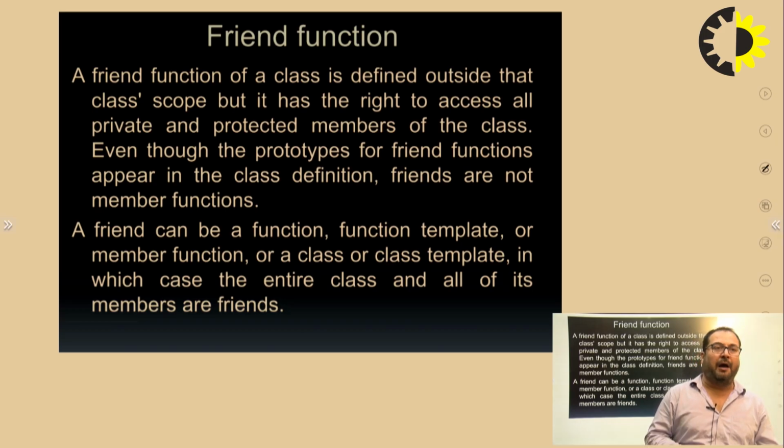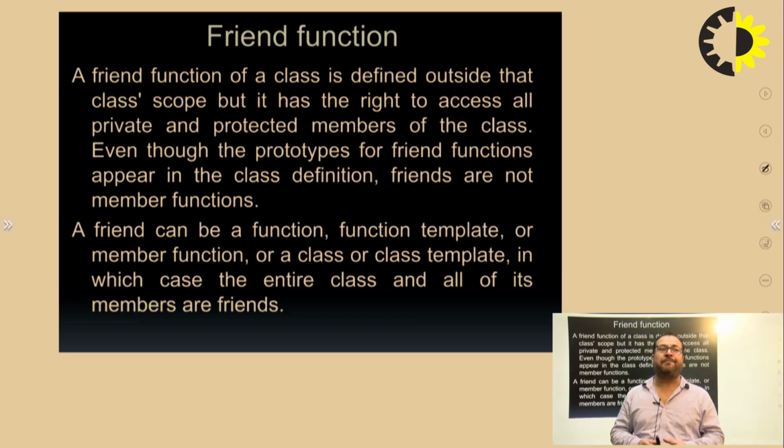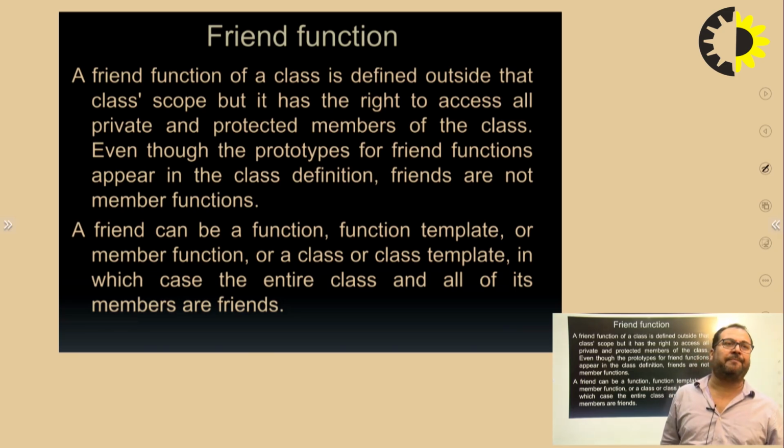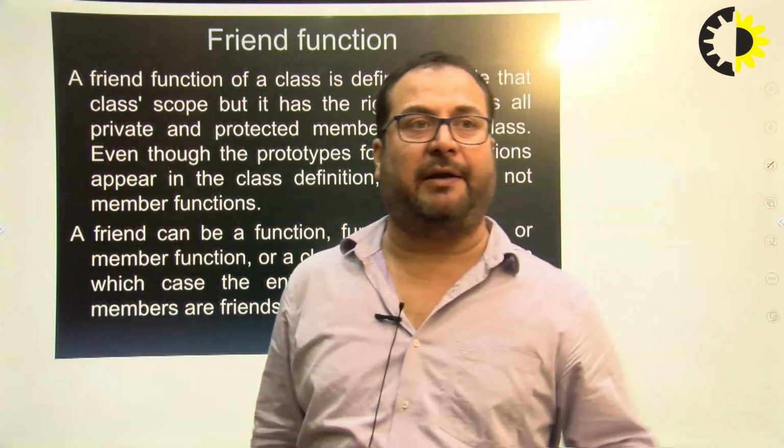But there is a utility of friend function. If we use a friend function, we can access even the data of another class to which this particular function is made a friend. So by making a friend function, we could access the member variables of another class even.